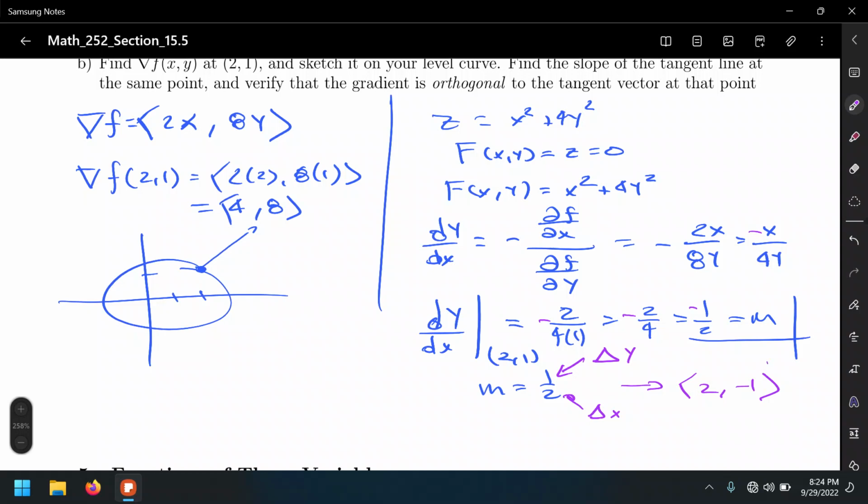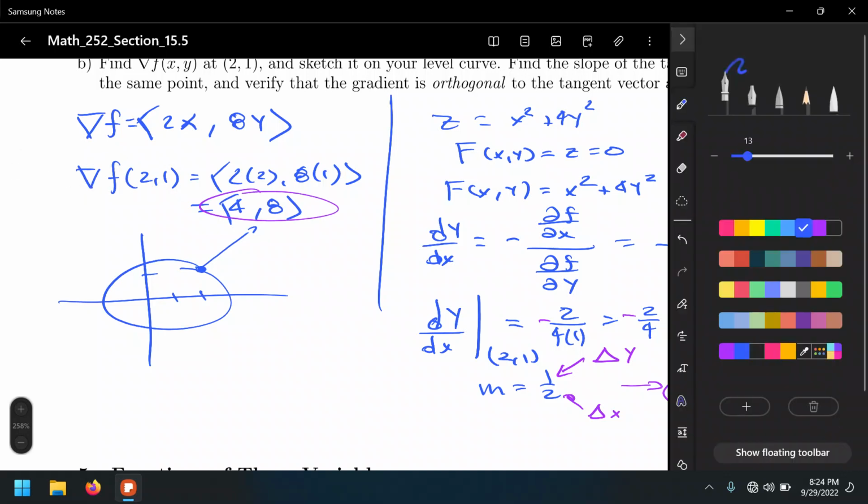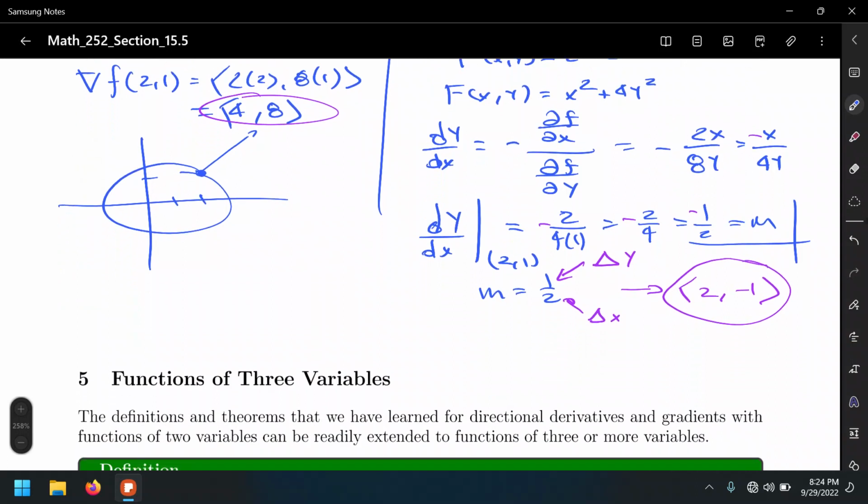All right. So in this case, let's find the dot product between this vector and that vector, and show that indeed those are going to be orthogonal. So nabla f dotted with this vector v will be nabla f, which is 4, 8, dotted with 2, negative 1. 4 times 2 is 8, 8 times negative 1.